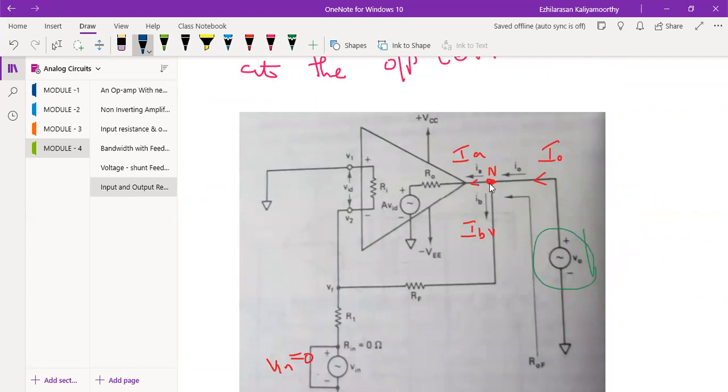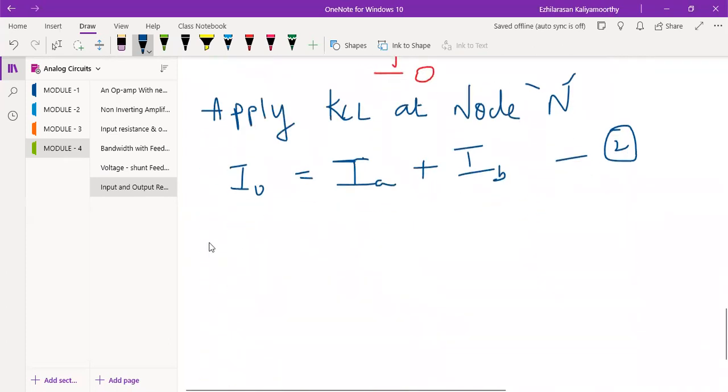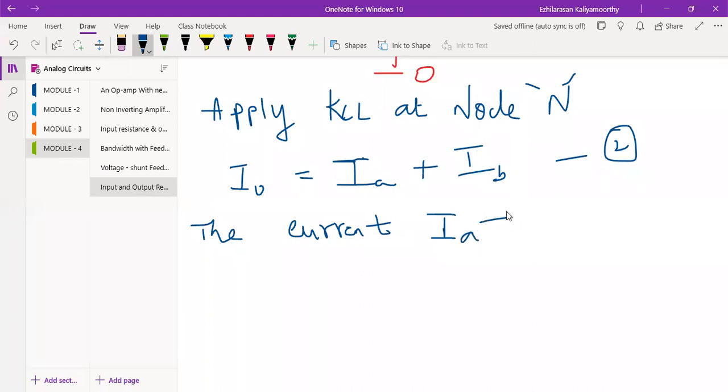What about the IB? Simple, I'll write the current IA through R naught and IB through.